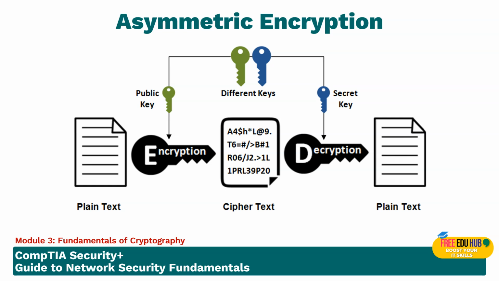So now if Alice wants to send a message to Bob, Alice would use her private key, and since the public key of Bob is publicly available, she'll use his public key to encrypt a message that Bob would receive. Now, Alice used her private key and Bob's public key to encrypt a message.